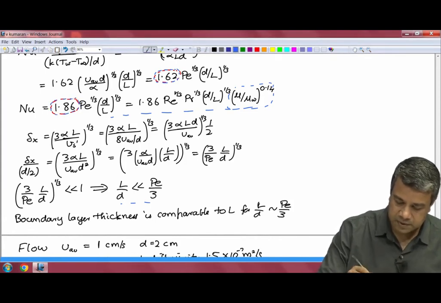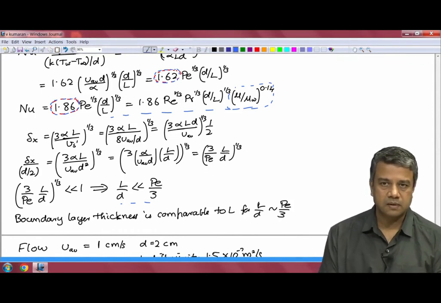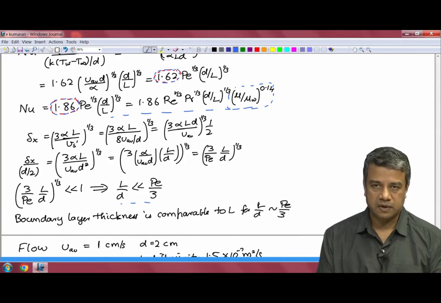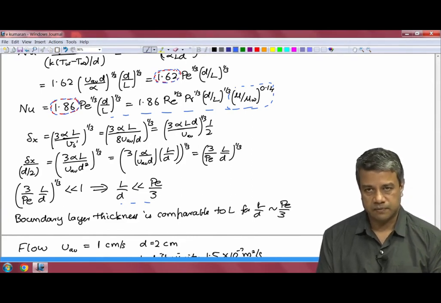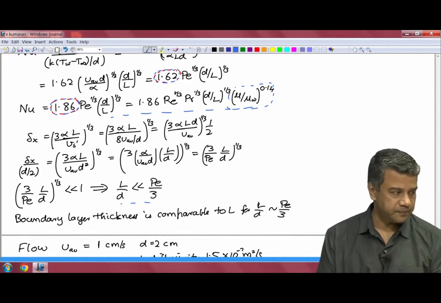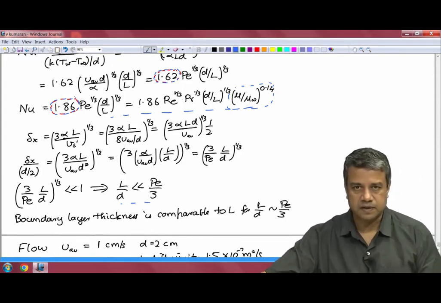The functional dependence of the Nusselt number on the Peclet number turns out to be identical to what we had for the correlation that is commonly used for pipe flows. The dependence on the Peclet number and the dependence on the ratio of diameter and length are exactly the same. The constant is slightly different in this case. So, that is the only difference.